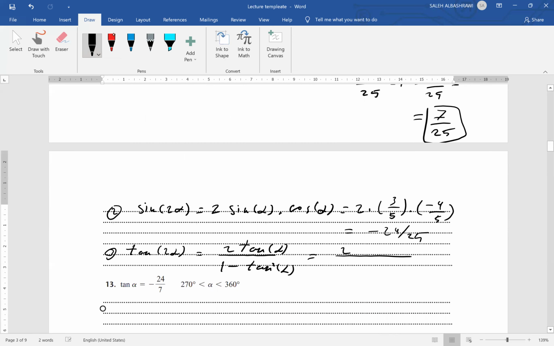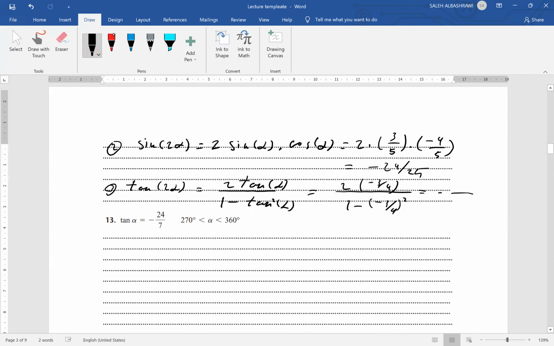So it is 2 multiplied by minus 3 over 4 divided by 1 minus minus 3 over 4 squared. And this can be simplified more. So this is how to find cosine 2 alpha, sine 2 alpha, and tangent 2 alpha.